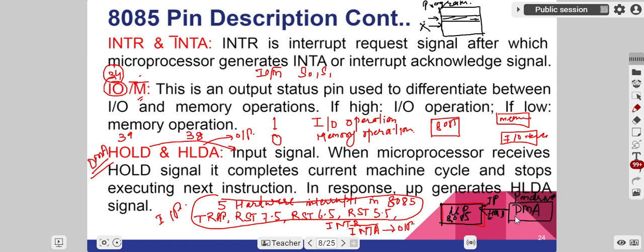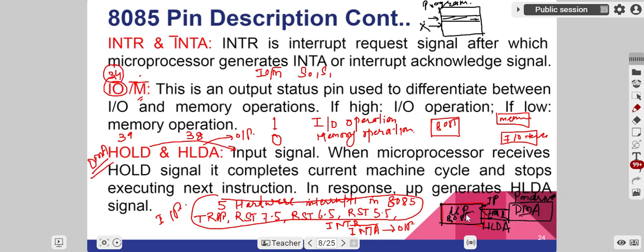Because the DMA device is seeking access to the 8085 microprocessor buses, because it has to transfer some data onto this device or from this device to the DMA device. For that purpose, the microprocessor will generate the HLDA signal using pin number 38, hold acknowledgement, to say that it is ready to provide access to the data and address buses to this DMA device.